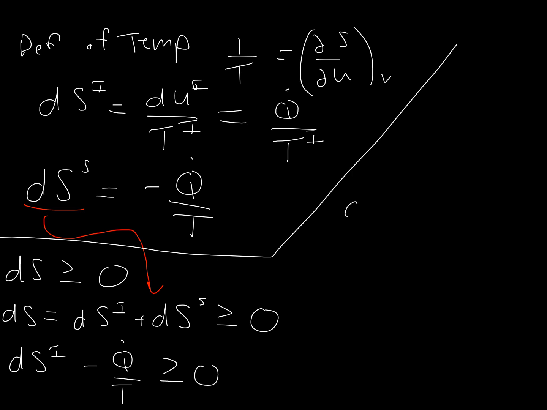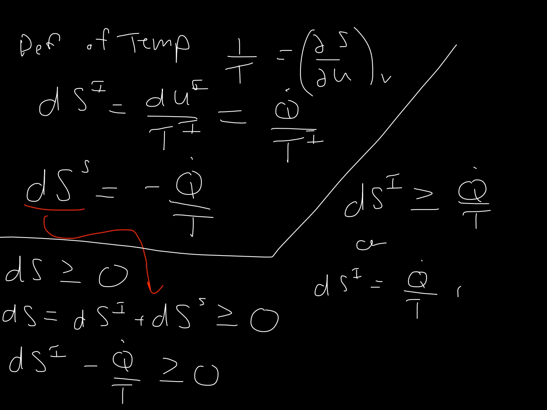And from there, we can just rearrange it. dS is greater than or equal to Q dot over T, or dS of the system is equal to Q dot over T plus the entropy generated, and S gen is greater than or equal to 0.